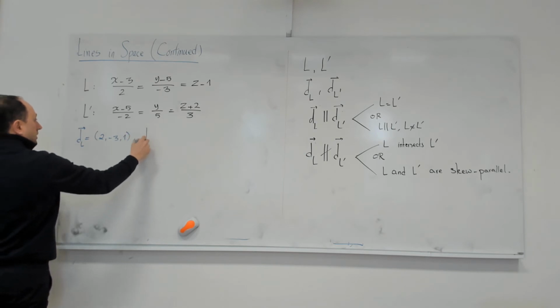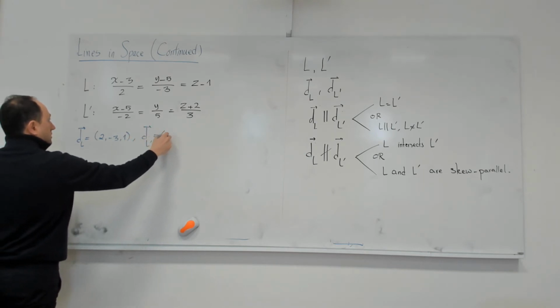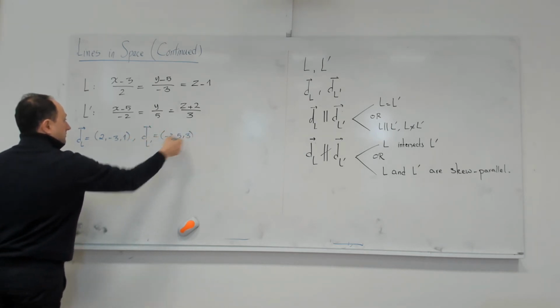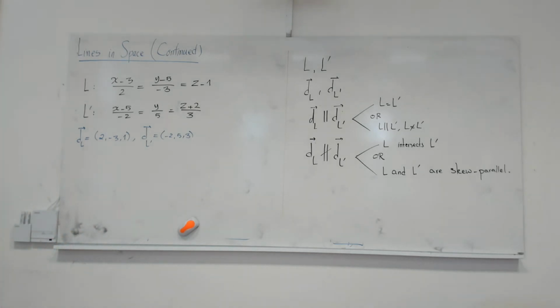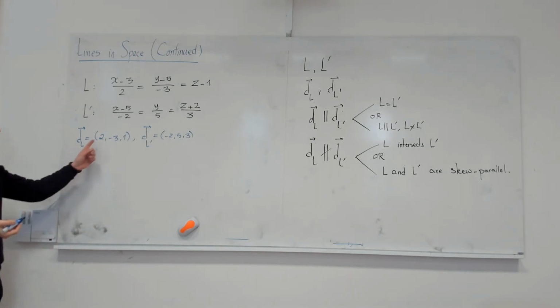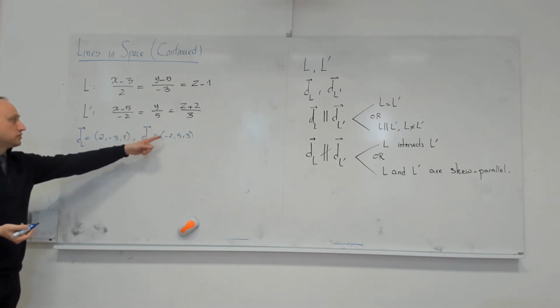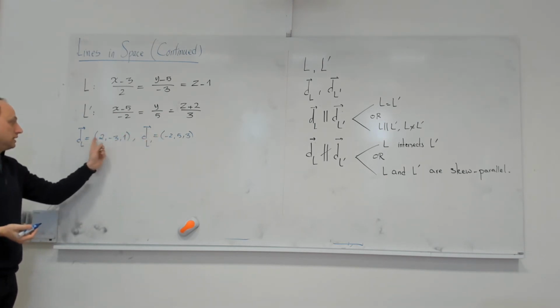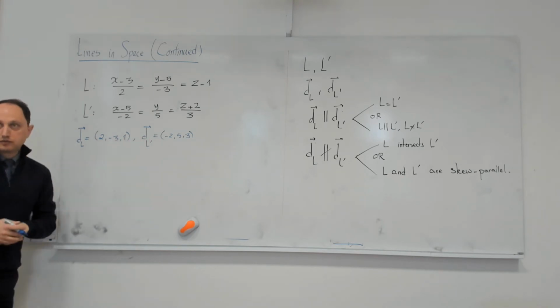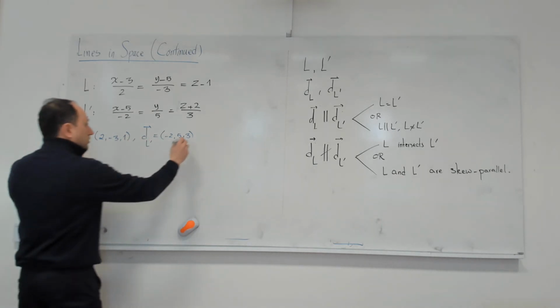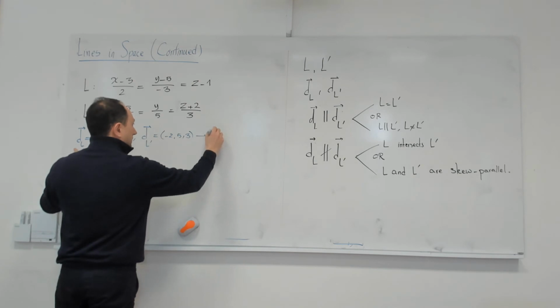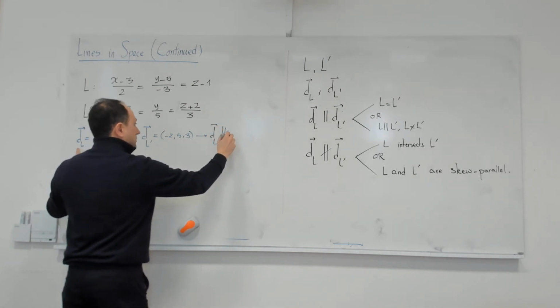What is dL prime? This is (minus 2, 5, 3), yes? Are they parallel? No, because if I want to make 2 into minus 2, I have to multiply by negative 1, but when I multiply 1 by negative 1, it turns out to be minus 1, not 3. So dL is not parallel to dL prime.